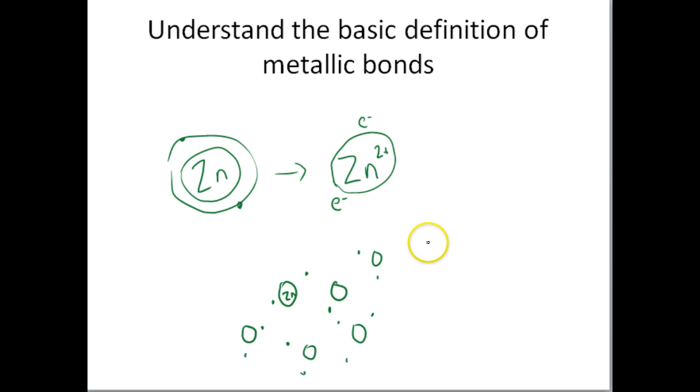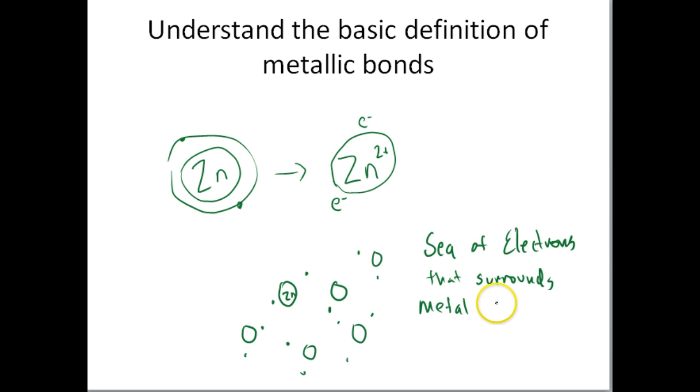So the basic thing to remember here is the term I've repeated over and over again. So you've got this electron sea, or sea of electrons, that surrounds metal cations.